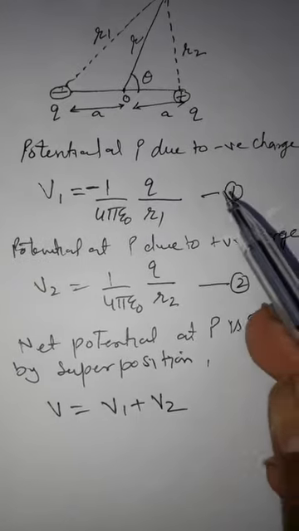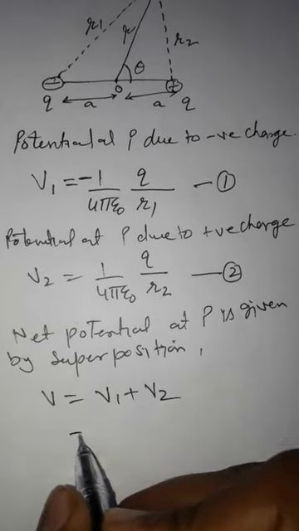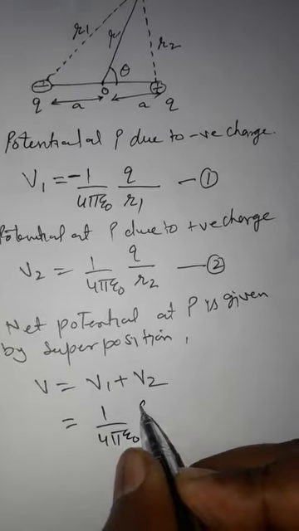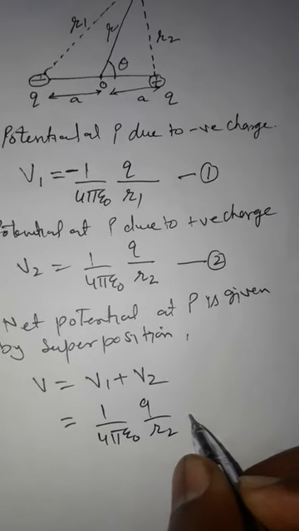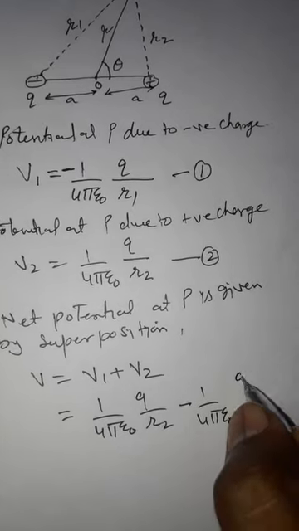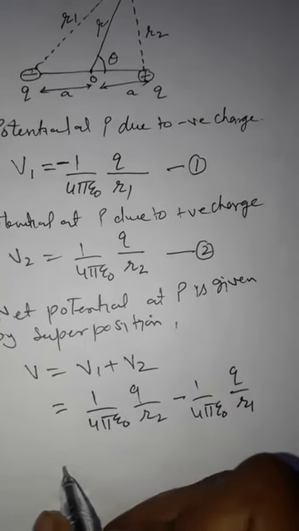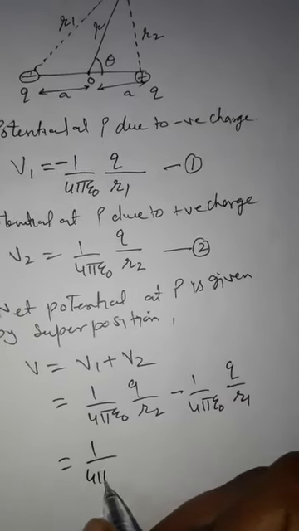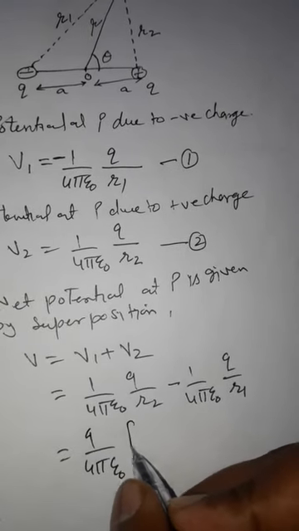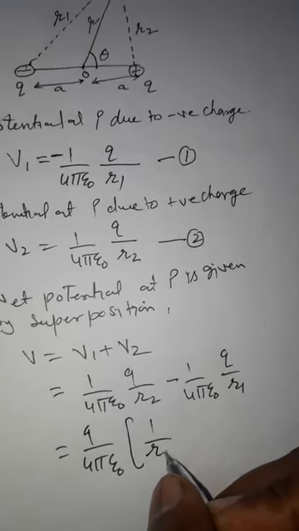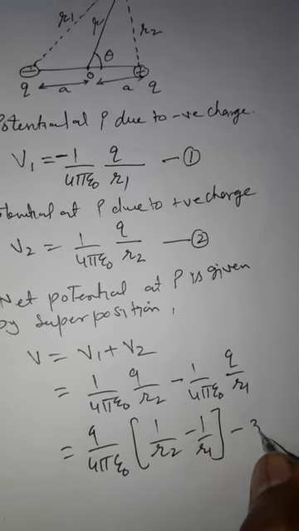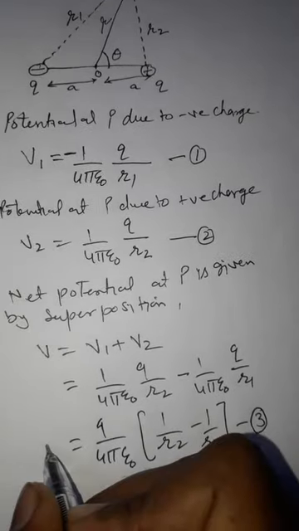Now using equations 1 and 2, we get V equal to 1 by 4 pi epsilon naught q upon r2 minus 1 upon 4 pi epsilon naught q upon r1, that is 1 upon 4 pi epsilon naught q times (1 by r2 minus 1 upon r1), equation third.